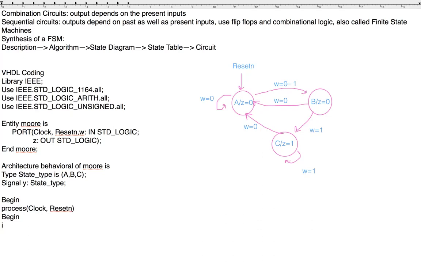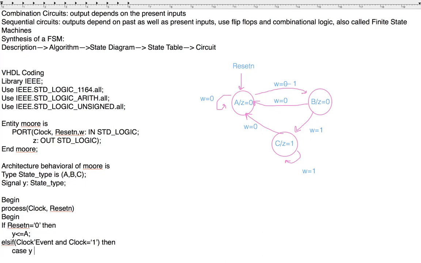When we begin the process, if reset N is equal to 0, then remember on the chart, when reset N equals 0, our current state is going to be A. So we set y to A. Then, you do asynchronous signals first, else if clock event and clock equals 1, then here it's going to be a case statement.